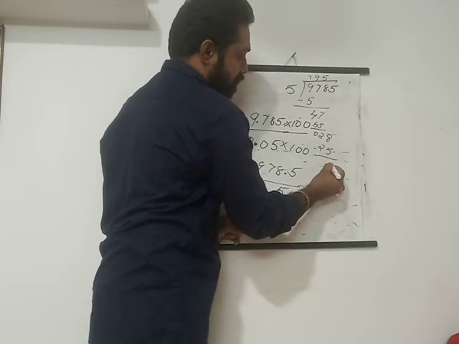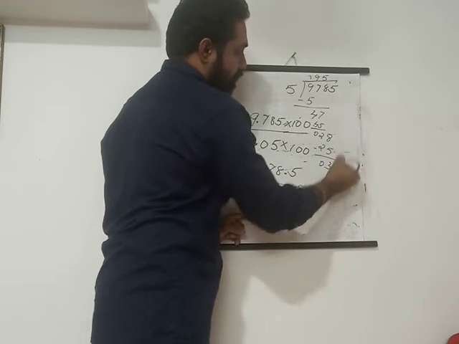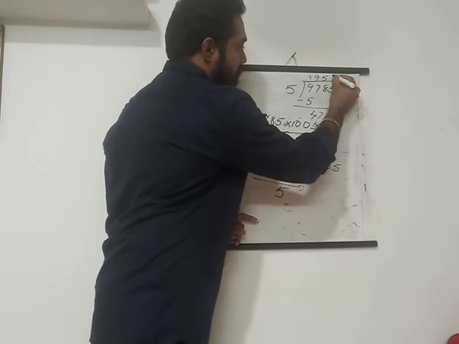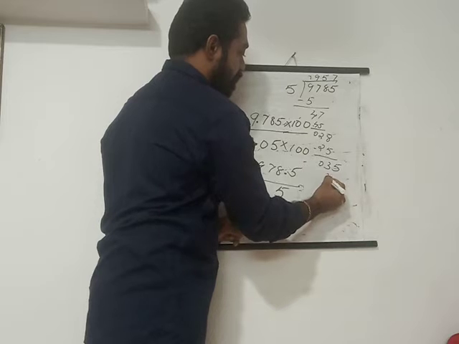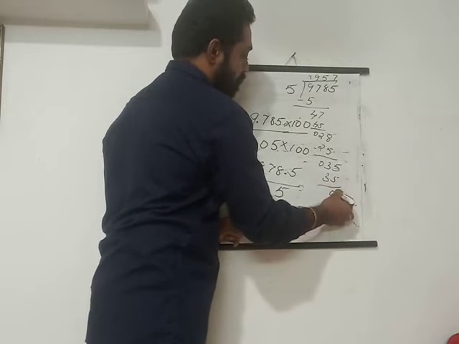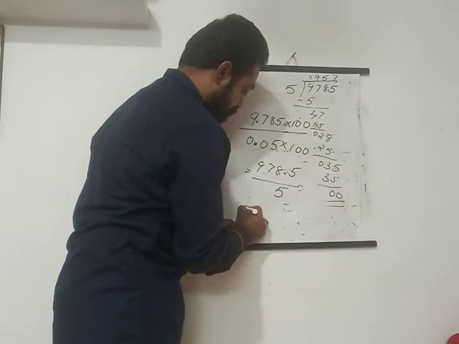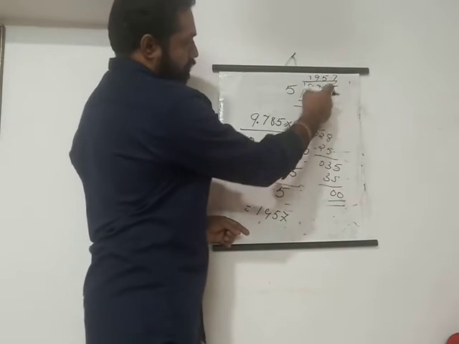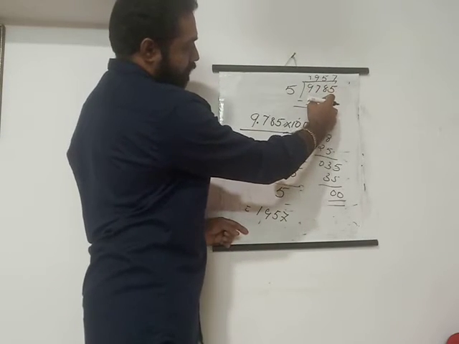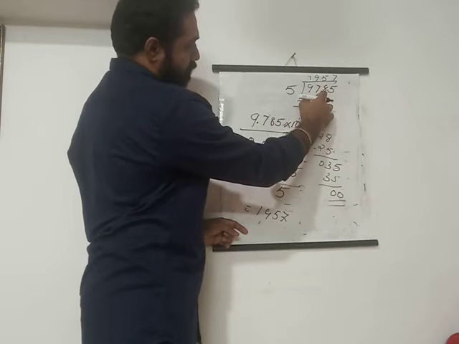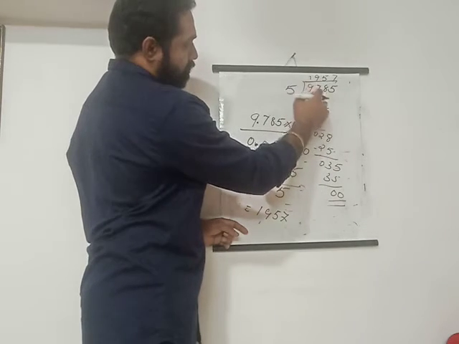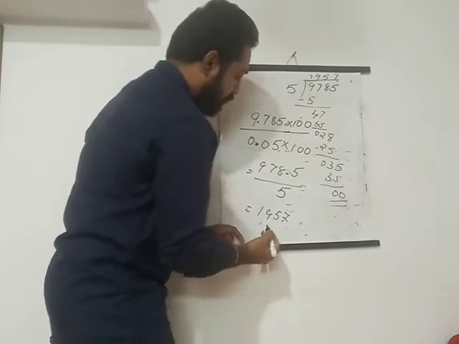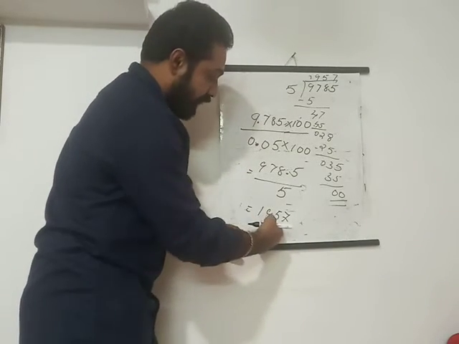Then 3, 0. Then 7 5s are 35, 0, 0. So I got 1957, isn't it?